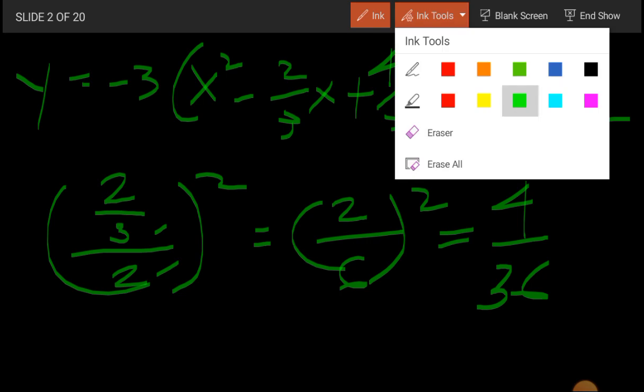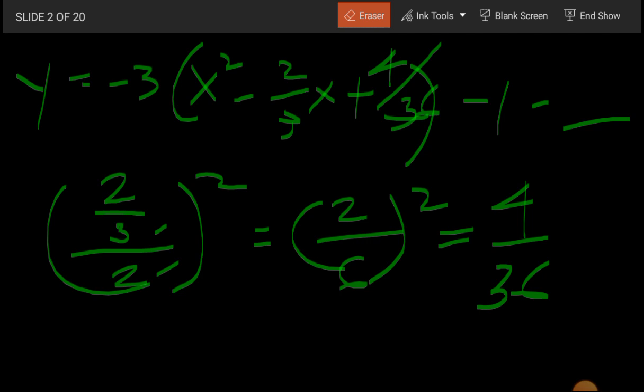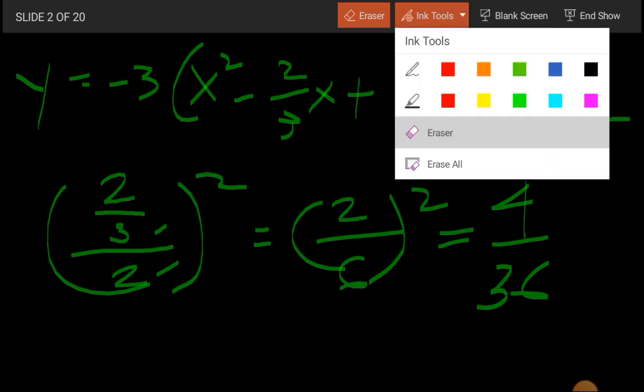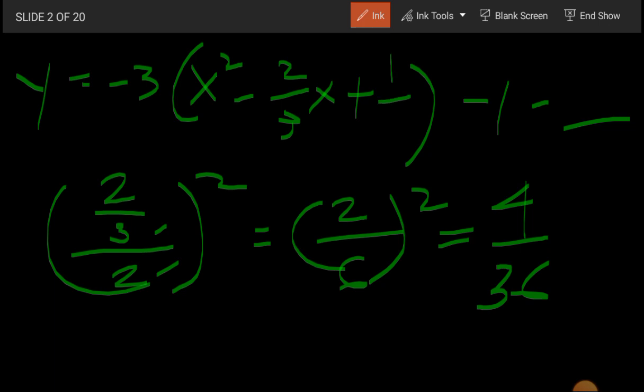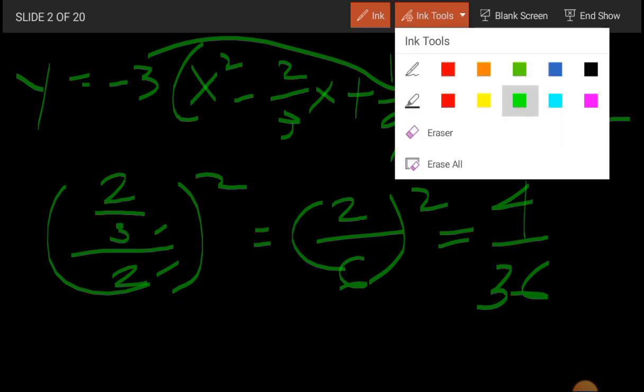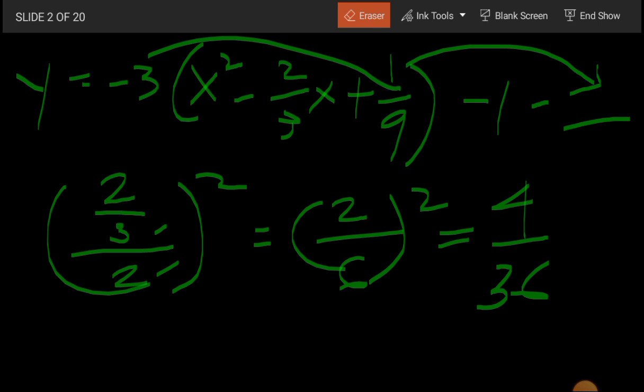So ito yun. Ngayon, dahil ang 4 over 36 ay pwede pang i-simplify sa kanyang lowest term na fraction, magiging 1 over 9. Okay. So, si 1 over 9, when we multiply, dadalhin doon sa part ng constant. So, I'll just have to erase this.